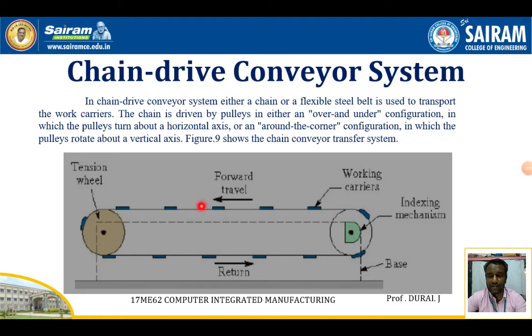In the chain drive conveyor system, there are two wheels fixed here. One is the driven wheel, another one is the driver wheel. An indexing mechanism is fixed on one of the wheels. People already know that to stop at a particular station, the indexing mechanism is used. A motor is connected to the driver wheel, so it starts to rotate.